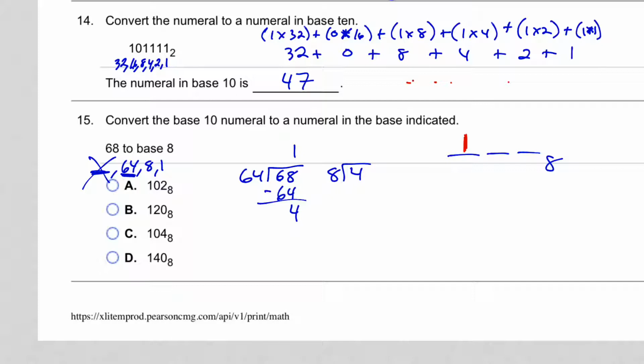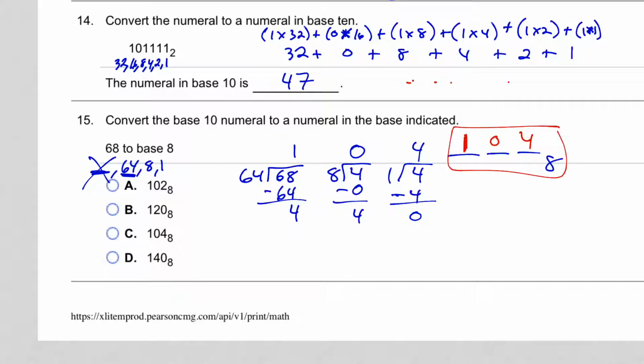It's not enough. So there's nothing worth that much there. So we try it again with the 1s, and of course 1 divides into any number. 1 divides into 4 four times, and no remainder. So our answer is the result of those numbers. Okay, so that would be option C.